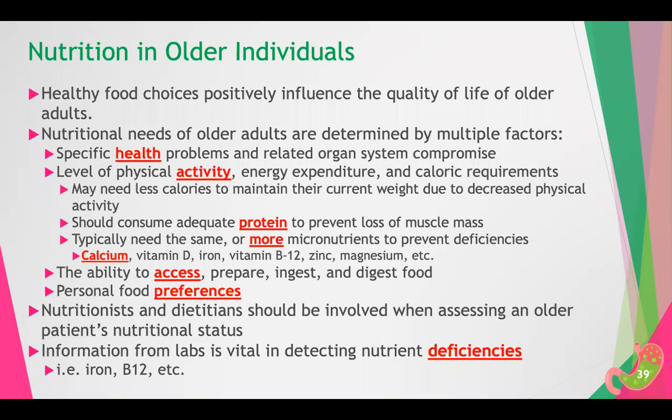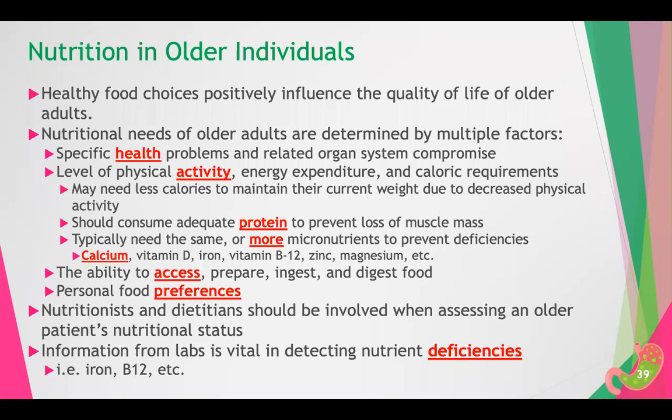So again, if they're unable to access food, then that could cause them to have poor nutrition or undernutrition. If they can't prepare the food, that can be an issue. If they have difficulty ingesting it, like if they have dysphagia, or if they have digestive issues, that can impact their nutritional status. Personal food preferences can also impact their nutritional status.